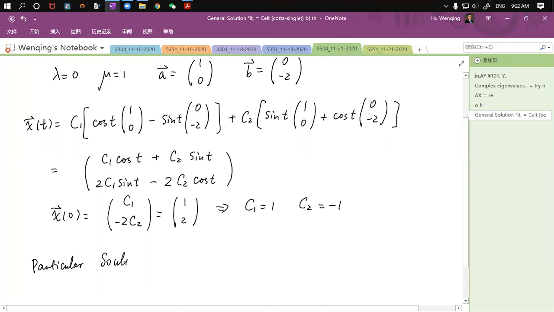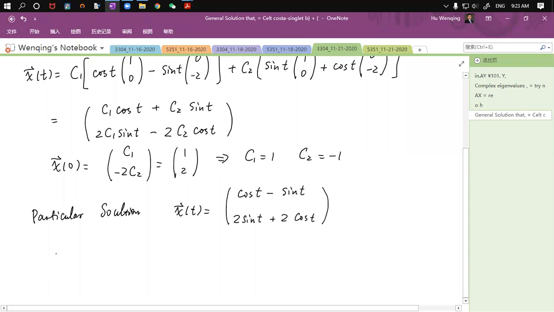The particular solution is going to be given by x of t is equal to cosine t minus sine t, and then 2 times the sine t plus 2 times the cosine t, because C2 is minus 1. So that's going to be the solution. Is that good for everybody?